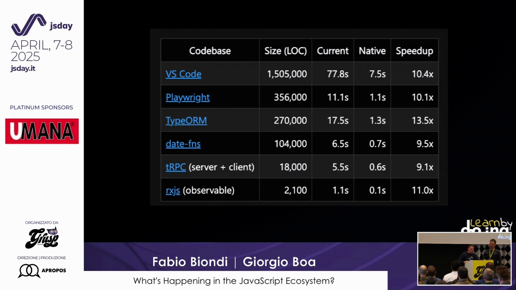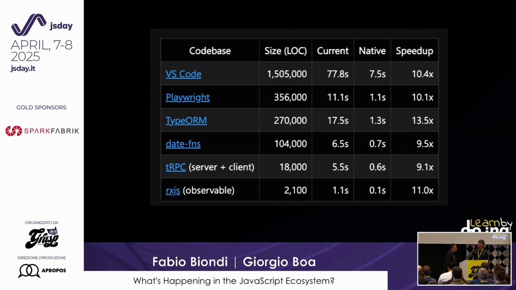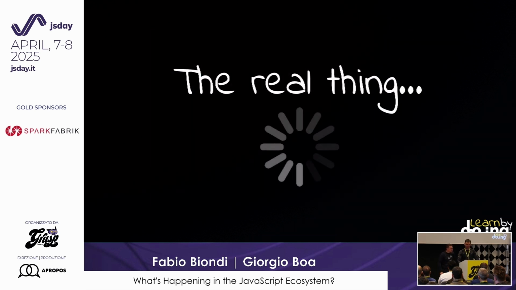So, for example, VS Code from the current 77 seconds, right now with the native one, it's a little over 7 seconds. This is really cool, and I was really happy because one of these repositories is TypeORM. I'm a maintainer of this repository, so it was really cool to see my work and our work inside the Microsoft announcement.